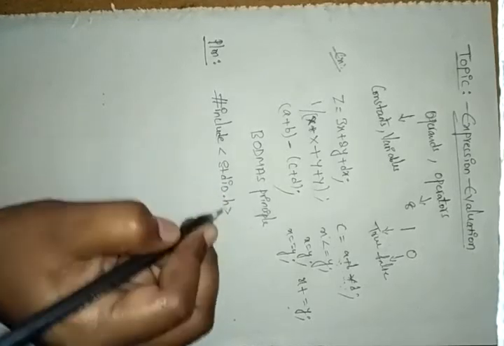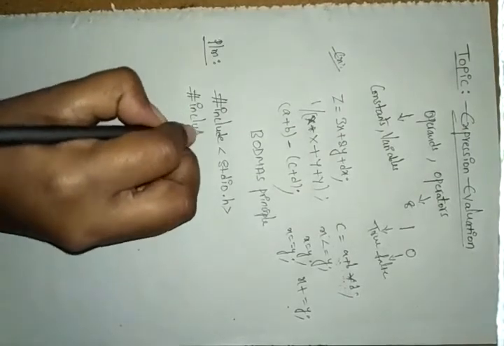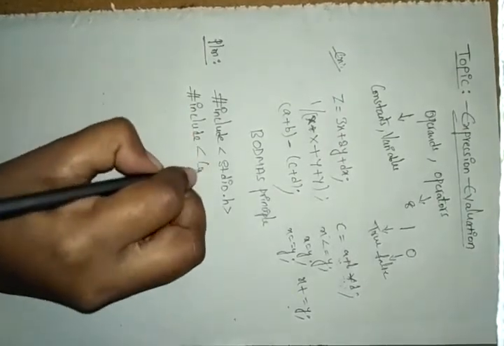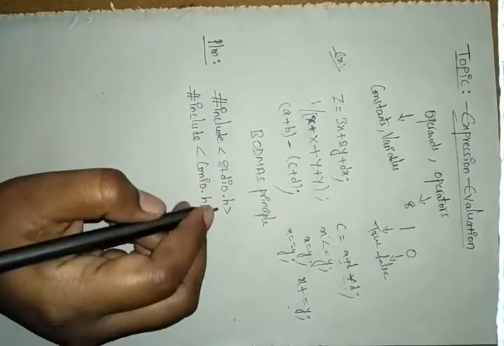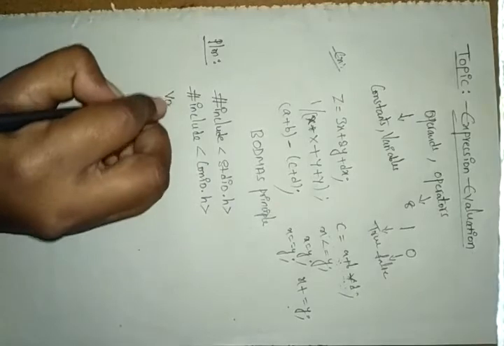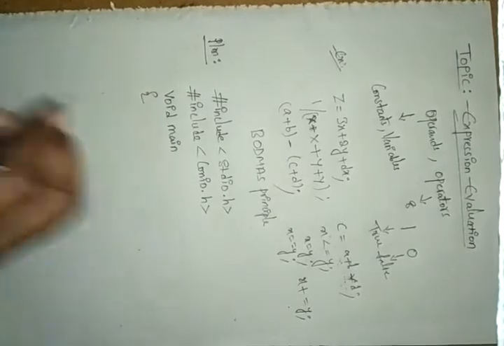Hash include stdio.h, hash include conio.h. Void main; if you are not getting void main, you can write int main. If you get an error, you can change void to int.